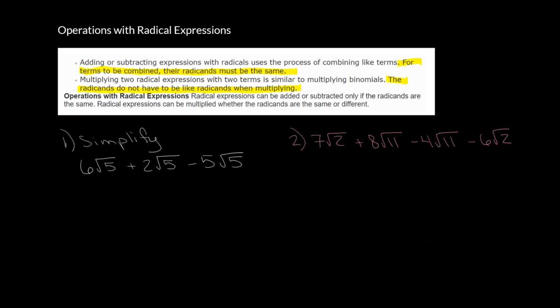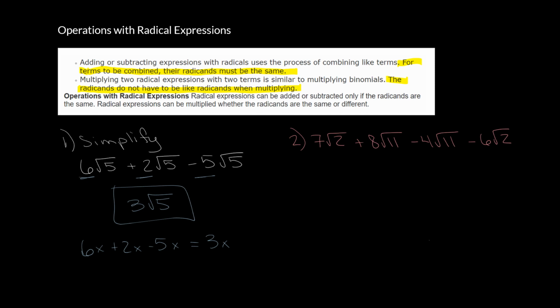All right, so in number one, I'm going to show you how to simplify this. Just like if you were to have 6x plus 2x minus 5x, you get 6 plus 2 is 8, minus 5, and you get 3x. The same is true for this. So 6 plus 2 is 8, minus 5 is 3, but you have the square root of 5, and that's your answer.